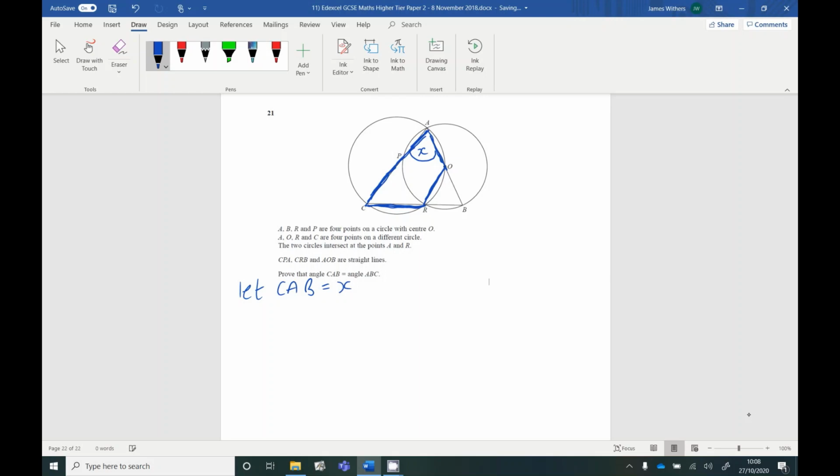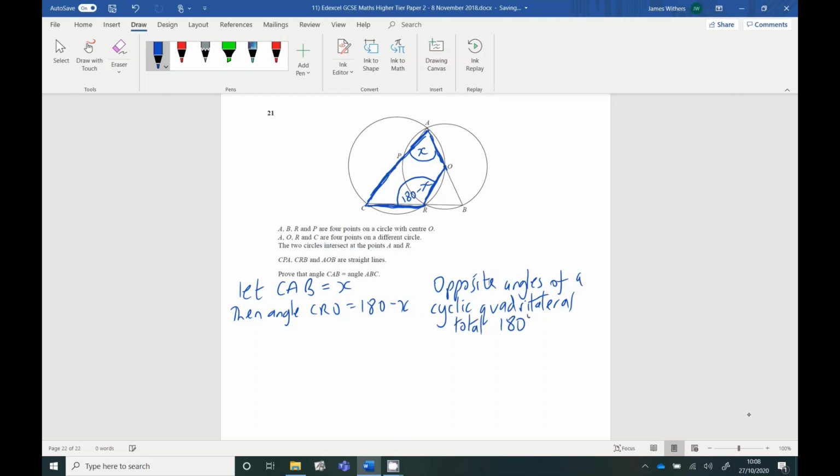And then what do we know about cyclic quads? Well, opposite angles add up to 180. So that angle there will be 180 minus x. So angle CRO equals 180 minus x, because opposite angles of a cyclic quadrilateral total 180 degrees.